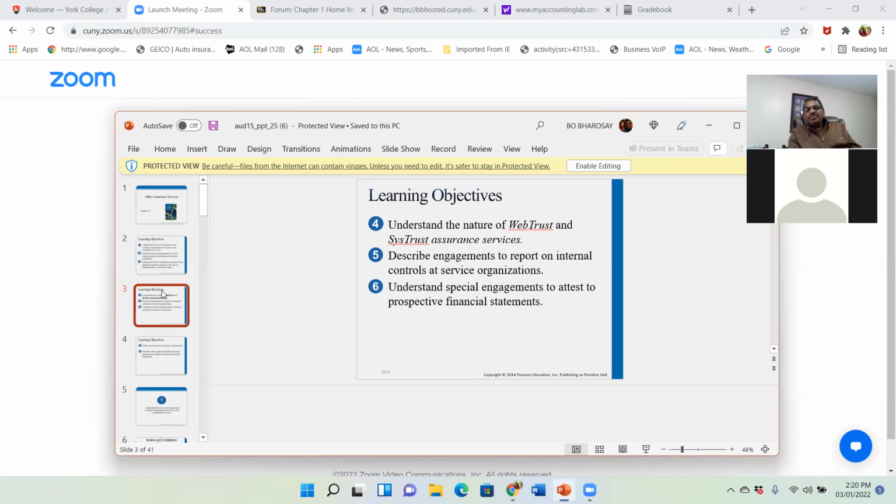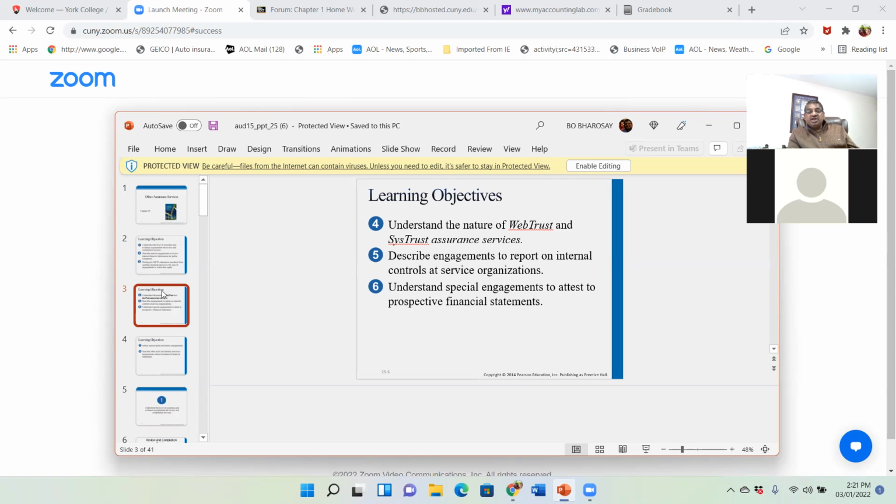So when we're talking about WebTrust, we're talking about the client website, and we're giving some assurance as to the website. When we talk about SysTrust, we're giving some information regarding the client data processing system or their accounting system, among others. Five, we'll describe engagements to report on internal control at service organizations.